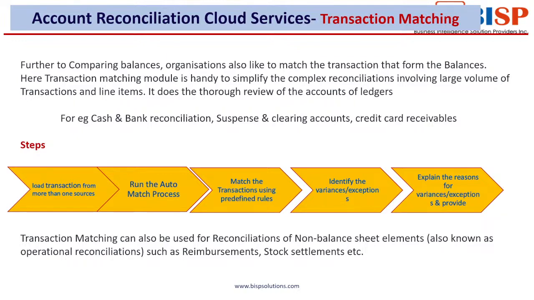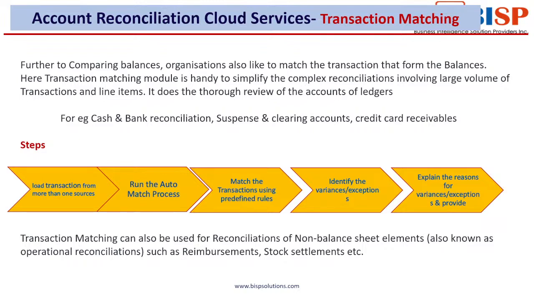We need to run the auto match process, which matches the transactions using the predefined rules. So the matching is done on the basis of the rules which we define beforehand for transaction matching, and this identifies the variances and the exceptions.